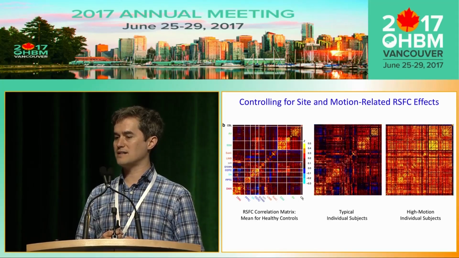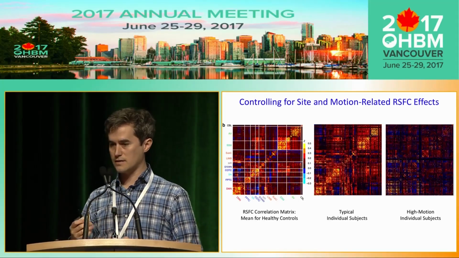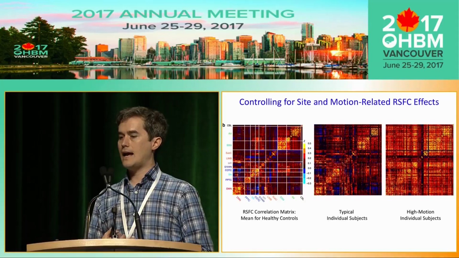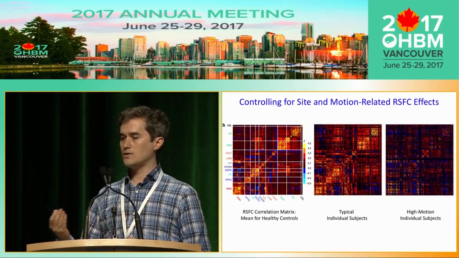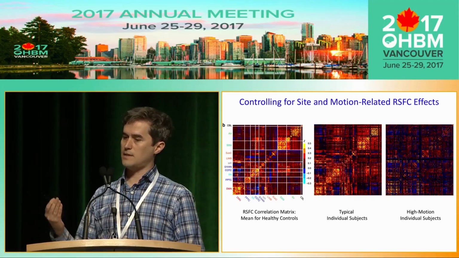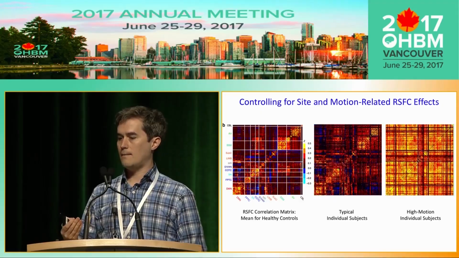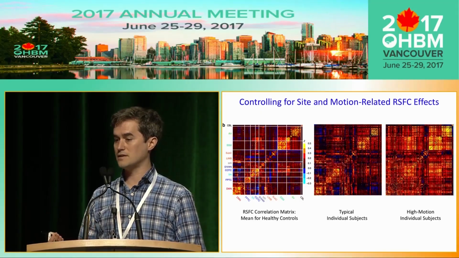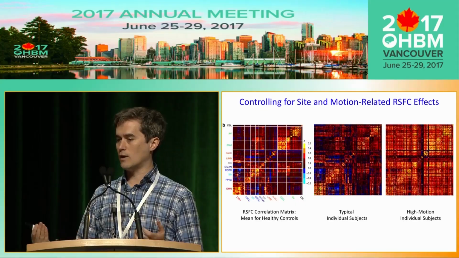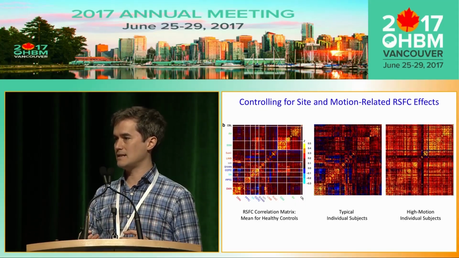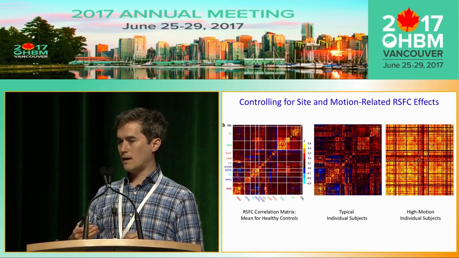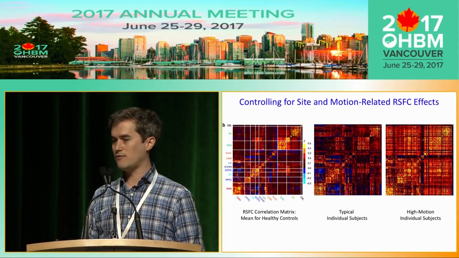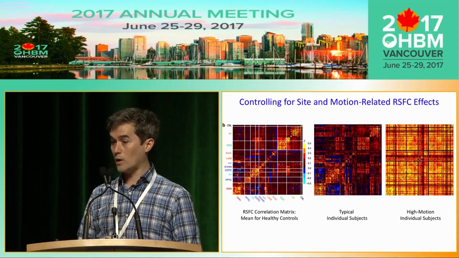Warm colors denote positively correlated areas, cool colors, anti-correlated areas. And then you see individual subjects that are typical in terms of their motion, and at the far right, individual high motion subjects. Anyone with no experience can glance at this and see what a large effect motion can have on these correlations.